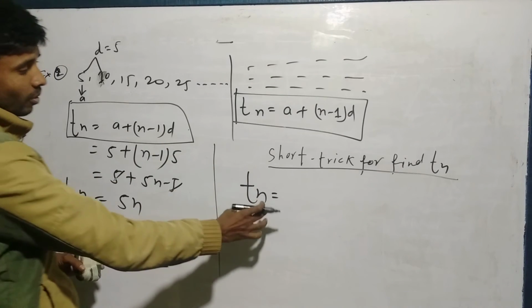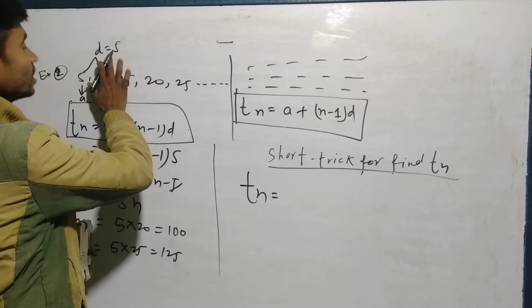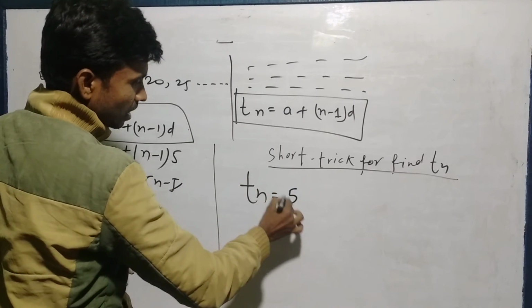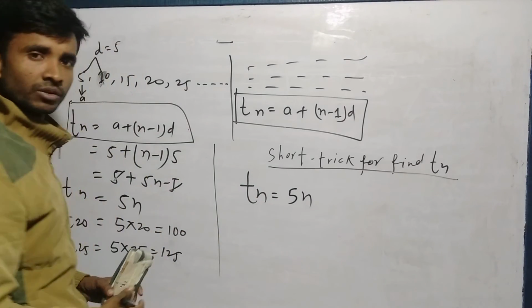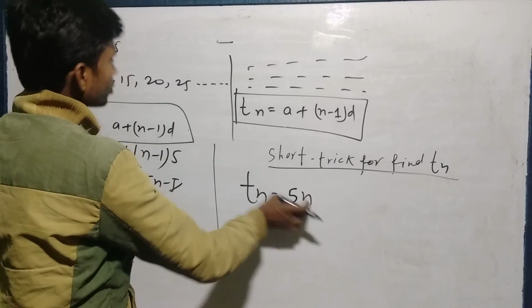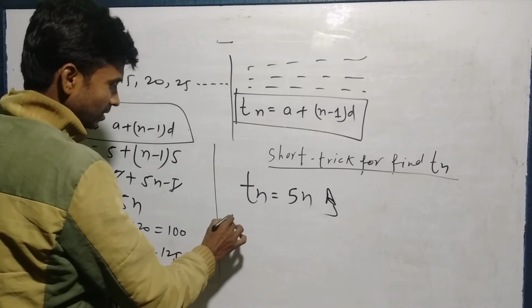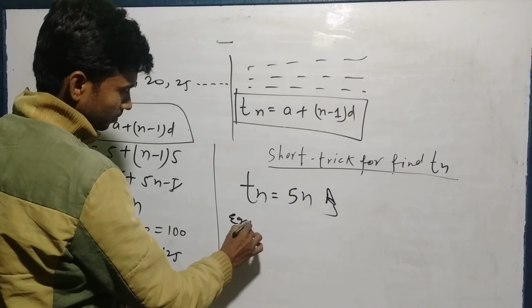First of all, you write Tn and write D here. What is the common difference? 5. And put N automatically. Okay. And what is the first term? 5. So it is the same. So it is 5N. Again, a third example.